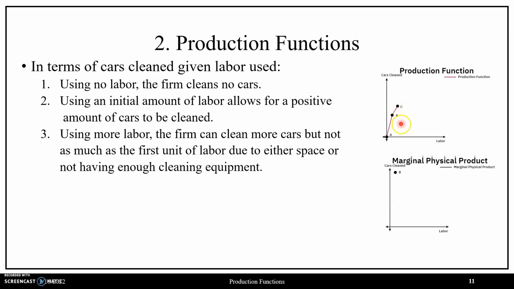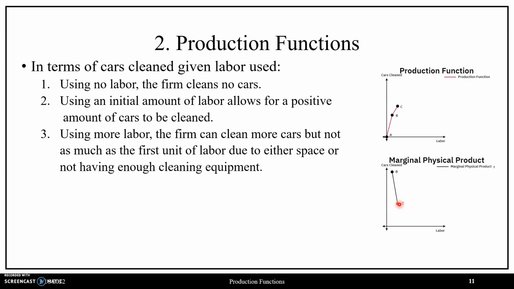And what this means in terms of the marginal physical product, since a positive amount of cars are being cleaned due to this unit of labor being used, we have a positive quantity of cars being cleaned on the marginal physical product, but since they are not as productive as our first unit of labor, it's going to be strictly below point B.